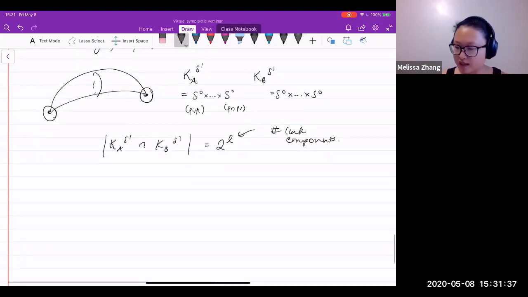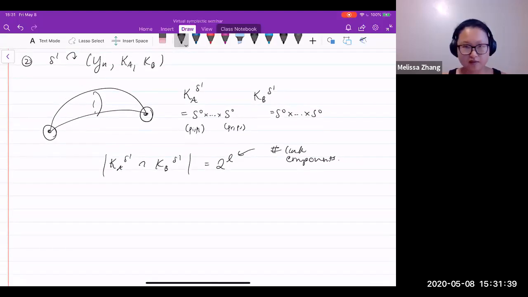Okay, so if you're familiar with Khovanov homology, you'll note that there's sometimes a complicated theory, and oftentimes you'll have a situation where you do some flavor of Khovanov homology and you end up with just a 2 to the L dimensional something. So 2 to the L, only depending on the number of link components, comes up a lot.